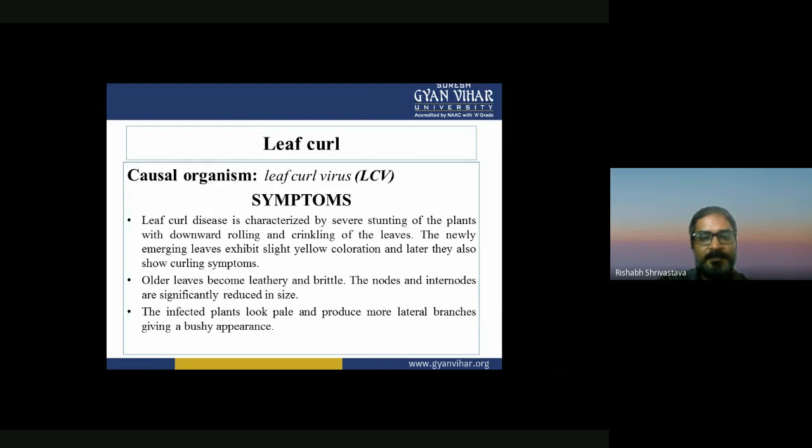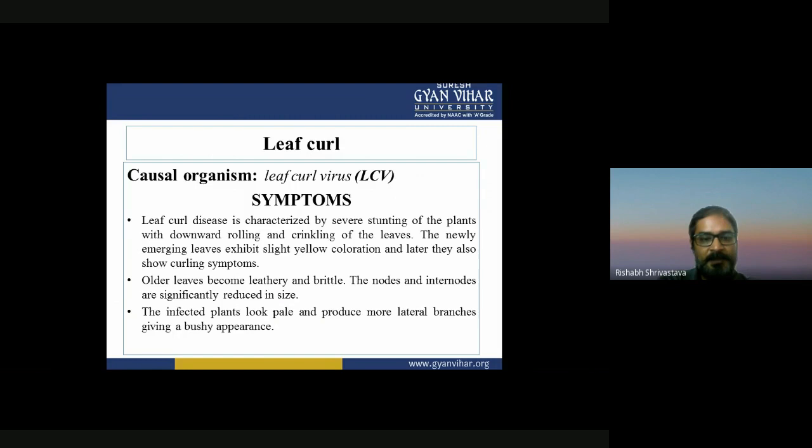Leaf curl. Causal organism: leaf curl virus (LCV). Symptoms: leaf curl disease is characterized by severe stunting of the plant with downward rolling and crinkling of the leaves.